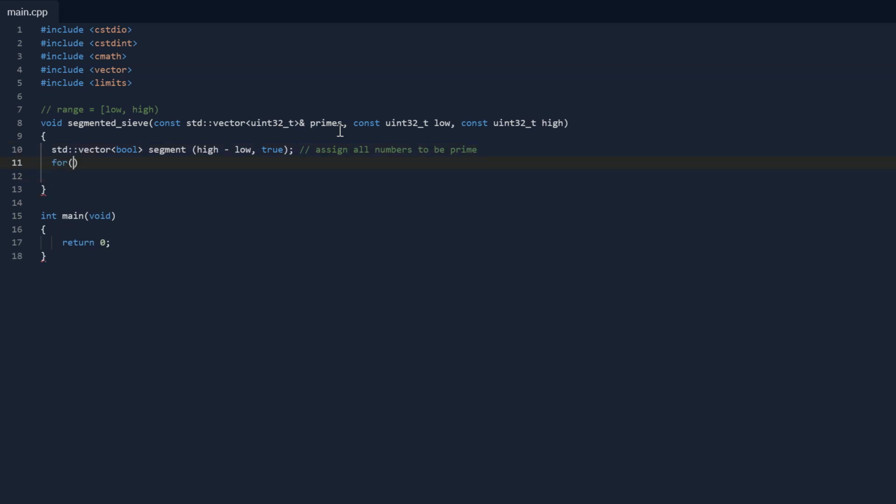Now let's iterate through our primes array. You can use this range-based for loop. And for the case when the square root of our upper bound is less than p, now we just need to break.